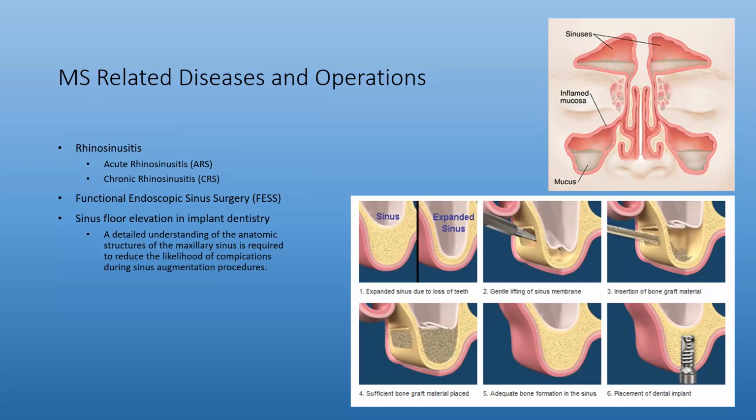Before any operations about the sinus region, like implant placement, it is very important to know if the sinus has inflammation or not, and it should be treated before the surgery. Generally, antibiotic drugs are enough for acute sinusitis, but for the chronic one, a surgery called functional endoscopic surgery is a way to treat the disease.